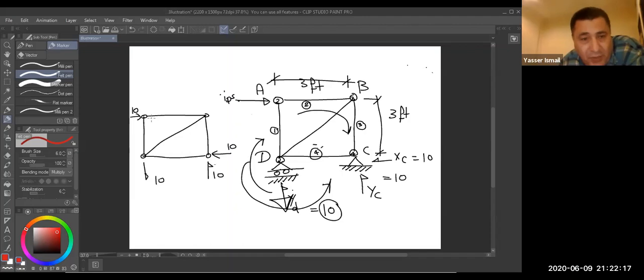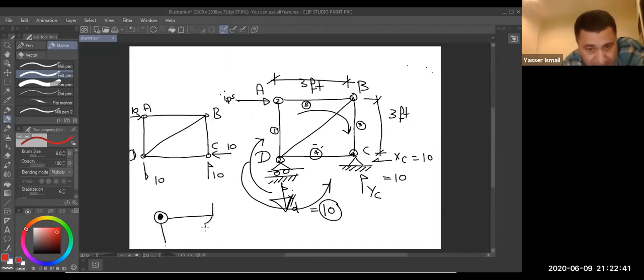I need to calculate the internal forces. I will use the method of joints A, B, C, D. I will take the first joint, a very simple joint, this A. Joint A has a member and another member.